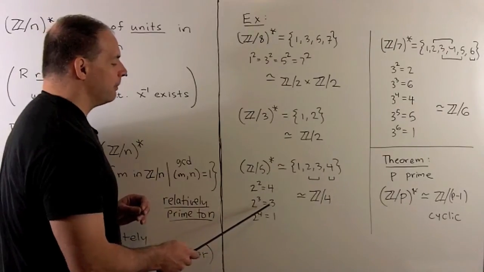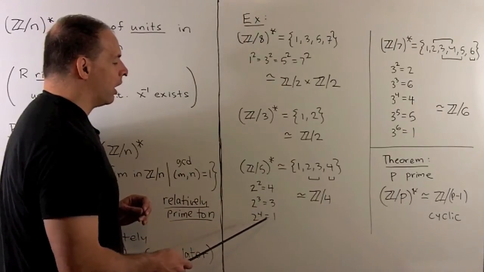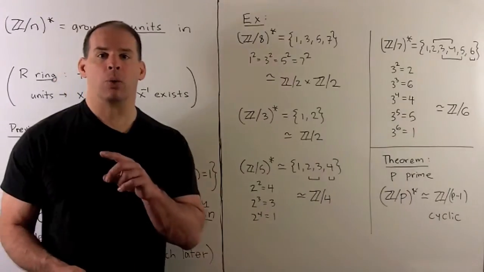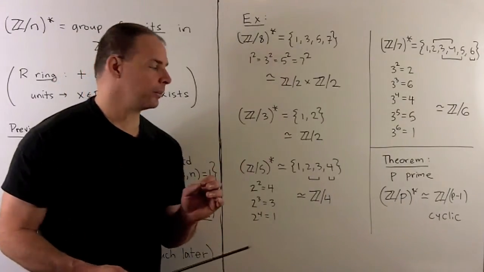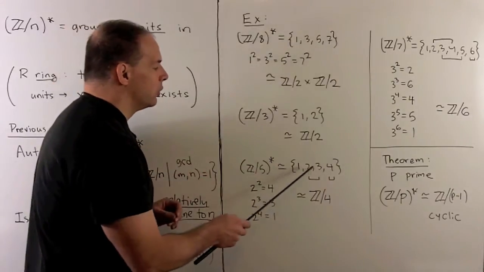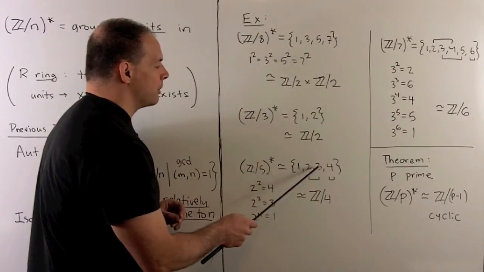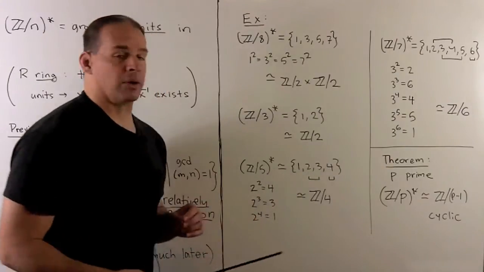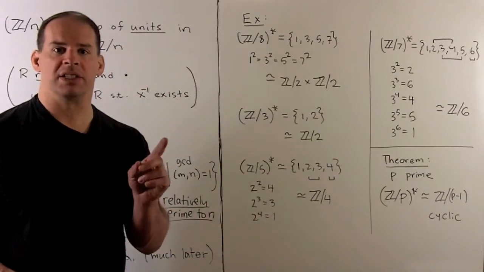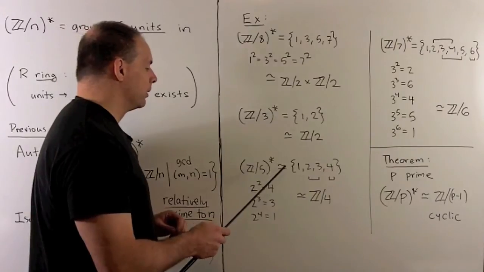Cube it, I get a 3. The fourth power, I get a 1. So I have an element of order 4, which means our group is cyclic. So Z mod 4. Note, 2 and 3 are inverse to one another. 2 times 3 is 6, which goes to 1. And 4 is self-inverse. So 4 times 4 is 16, goes to 1.